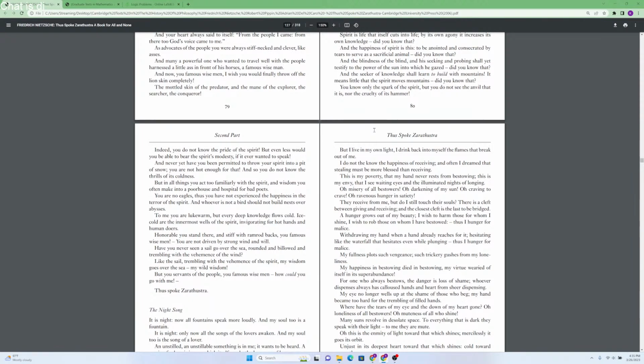But in all things you act too familiar. You act too familiarly with the spirit, and wisdom you often make into a poorhouse and a hospital for bad poets.